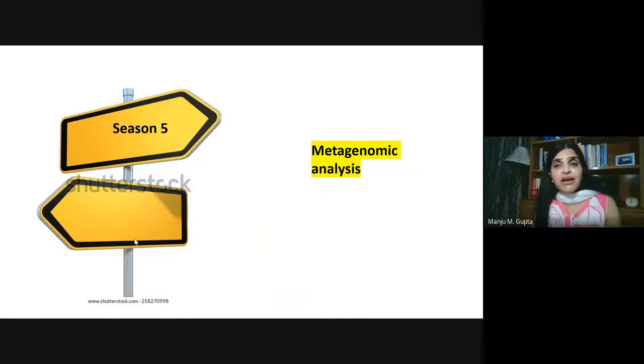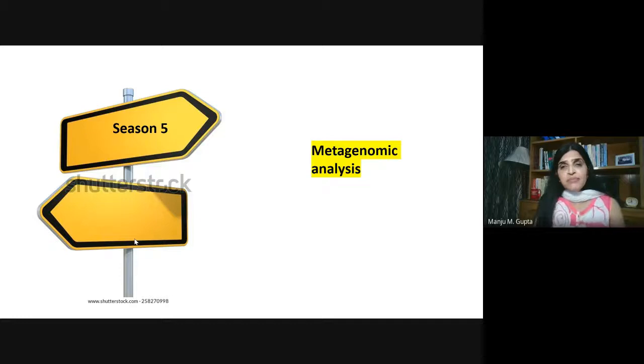So I reached the next season in my journey, which was the metagenomic analysis. I thought, unless I understand how to analyze this, how would I know which community is important? And my question to myself was, can I apply this to my mycorrhizal fungi?